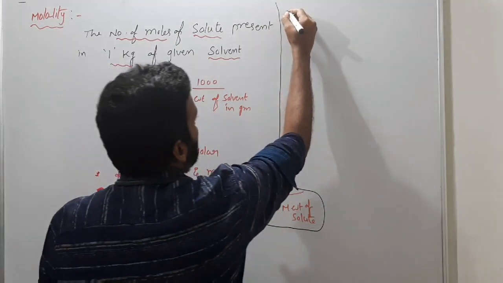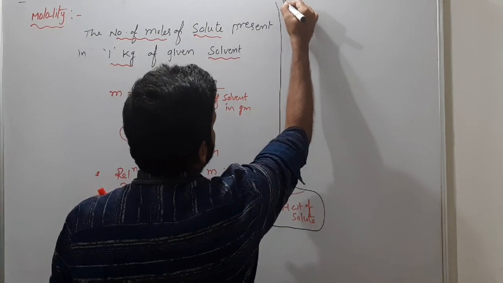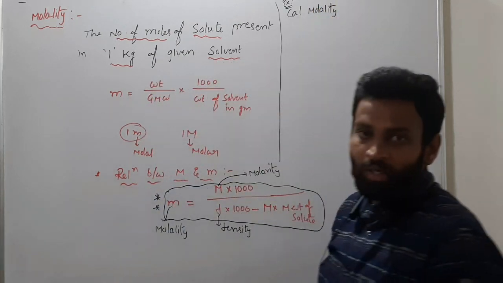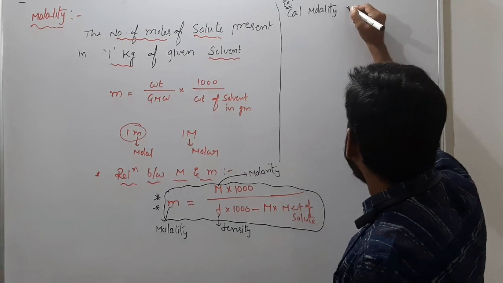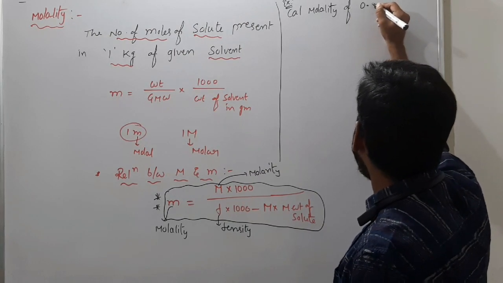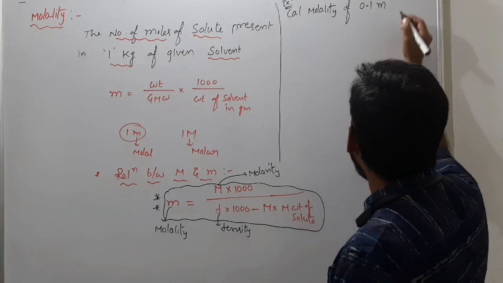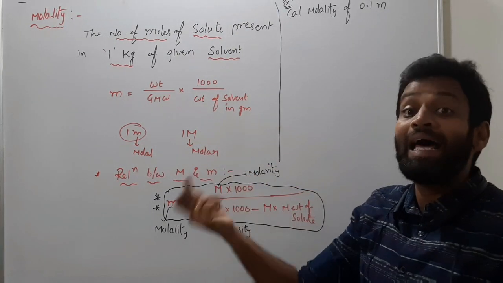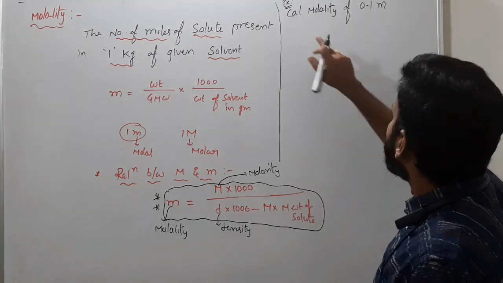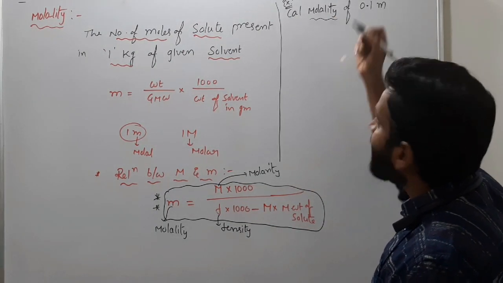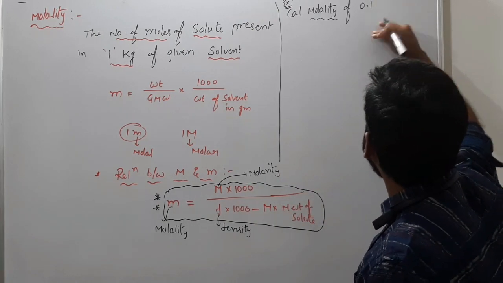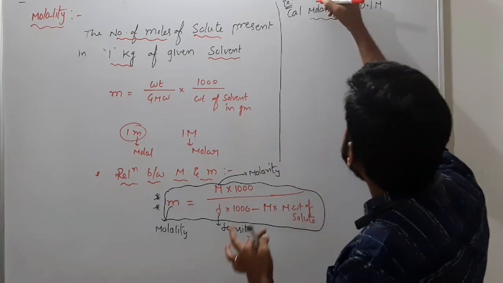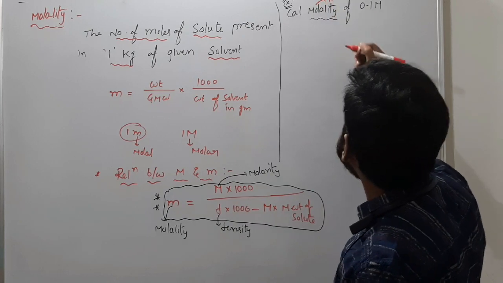Let me give an example: calculate molality of 0.1 M. What does small m mean? Molality.